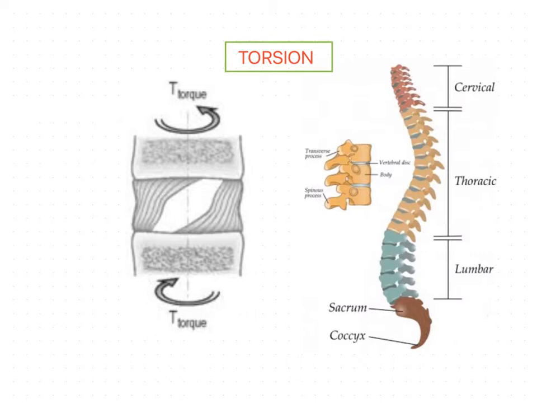Normally such kind of torsional stiffness in the vertebral column we'll see in flexion and lateral bending types of motions.